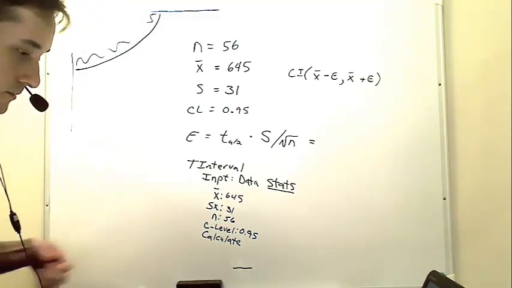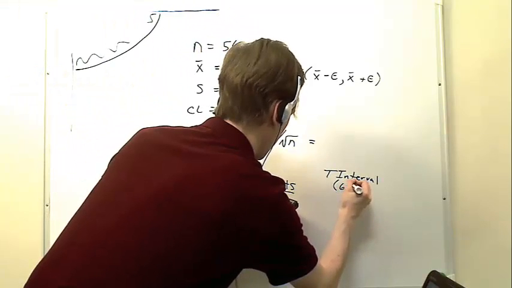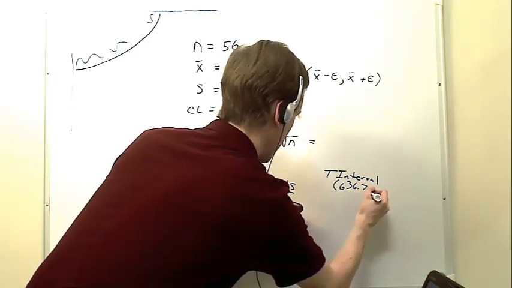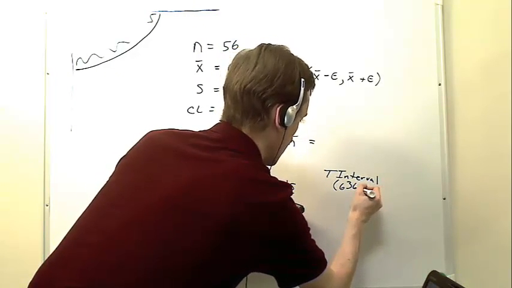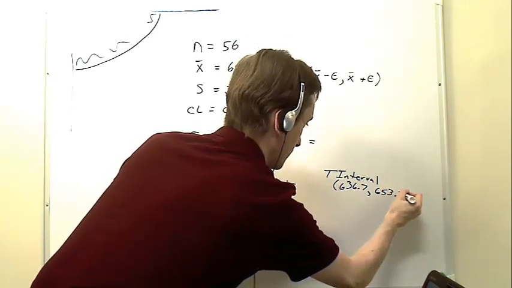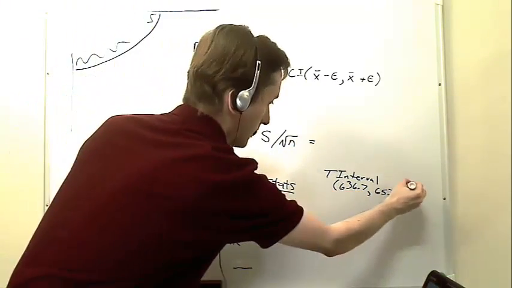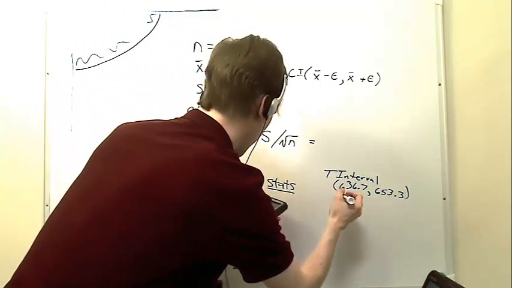And so this is what it puts out on the next screen: 636.7, comma, 653.3. I don't know if I said that a while ago.